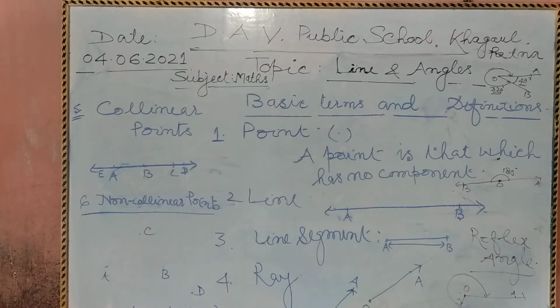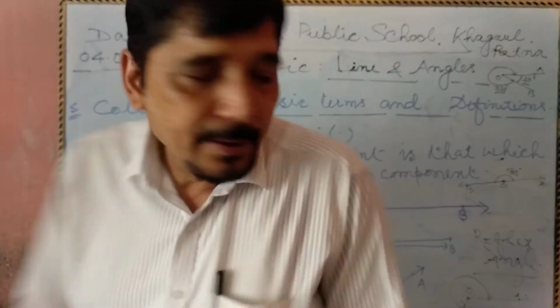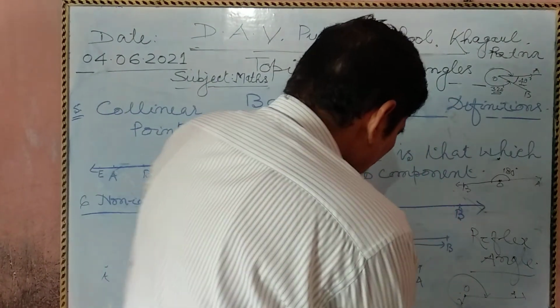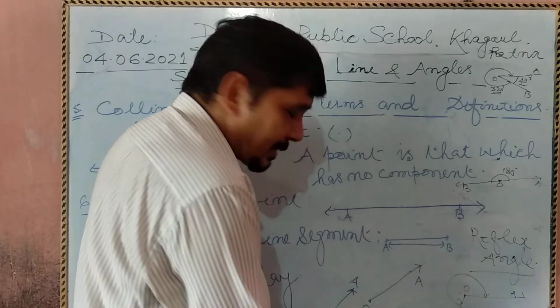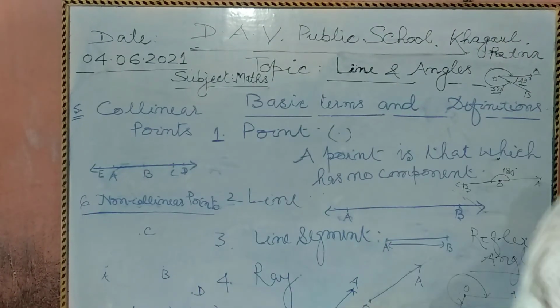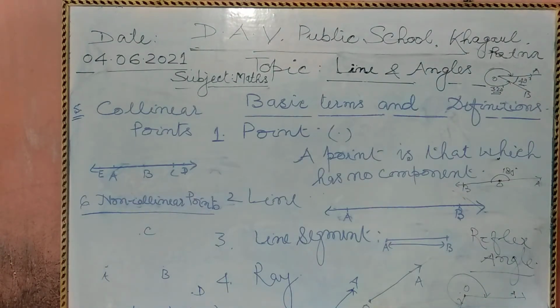When two rays pass through the same point, then it forms an angle. Suppose OA and OB are two rays having the same initial point O, then it makes an angle. And OA and OB are said to be arms of that angle.